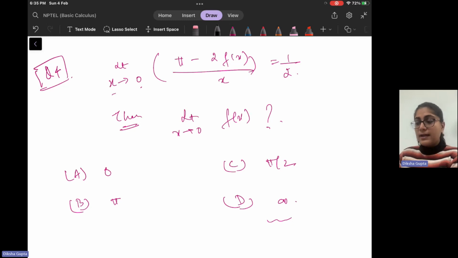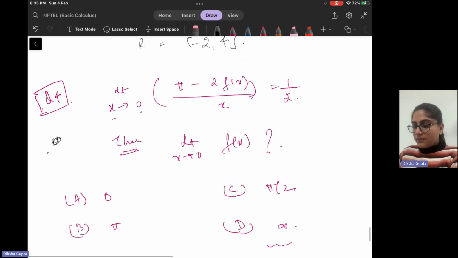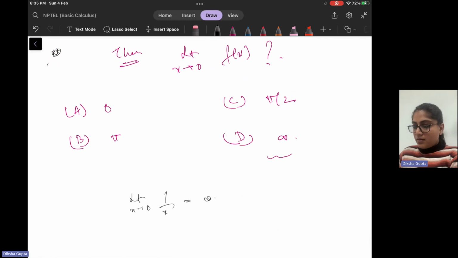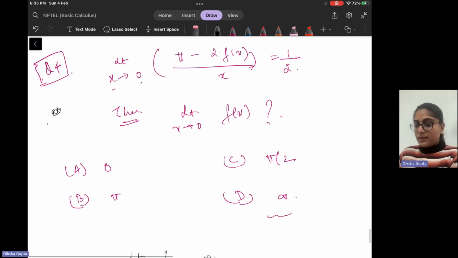So the limit of the denominator, meaning that limit x tending to 0, 1/x is infinity, then what do we say? That the limit of the numerator has to go to 0.